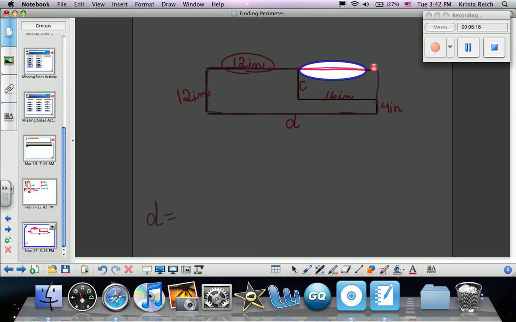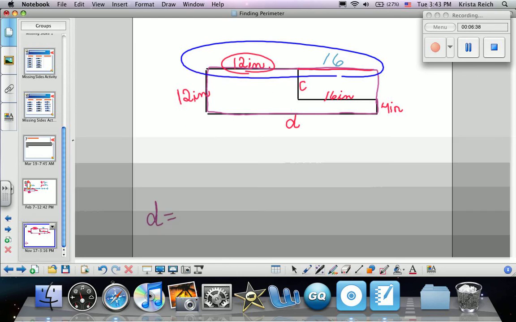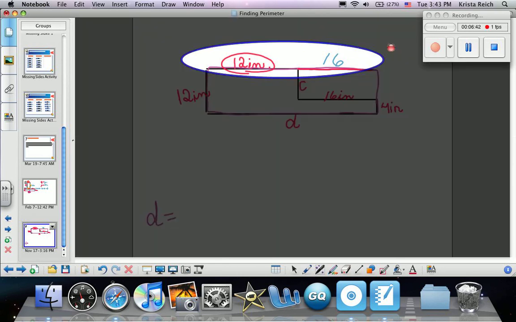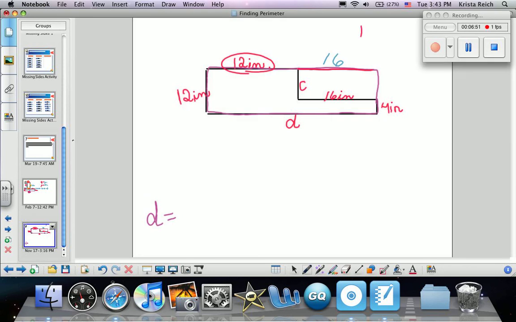So if that line is 16, then this line is 16. So this entire line right here is 12 plus 16. So this whole line is 28 inches.